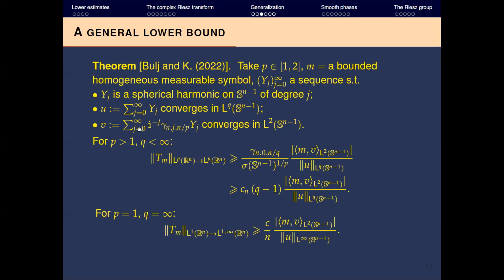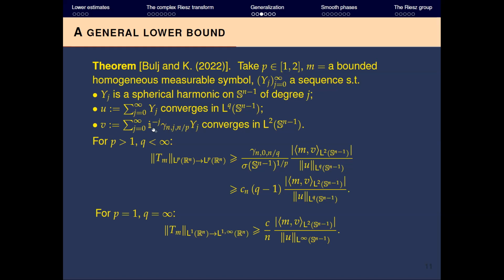And these are quite technical assumptions. You want the series of these spherical harmonics to converge in the LQ norm on the sphere. So this is something stronger than requiring this just to converge in L2, because on the sphere, LQ norms are bigger, and Q is greater than 2 in our case.